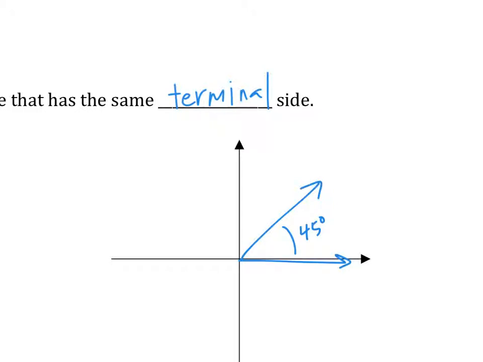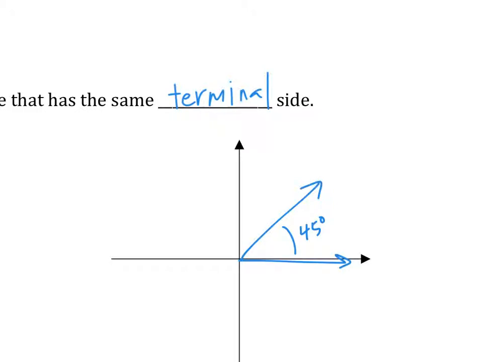Okay. 45 degrees is my terminal side, right? What's another angle that ends on the same side? I have to start here and then go around the circle one whole time. A circle is 360 degrees, so it's 45 plus 360, which is 405. I thought you guys said 415.